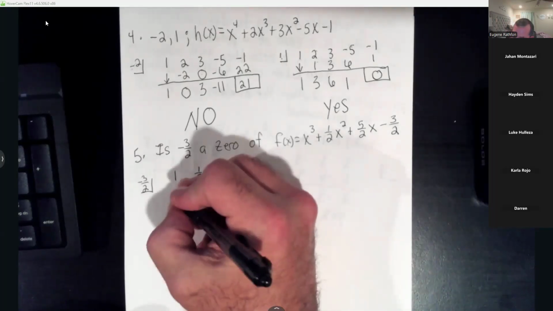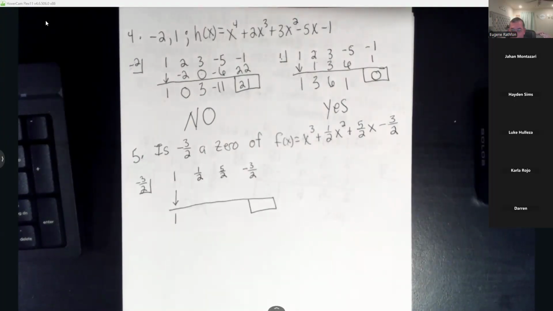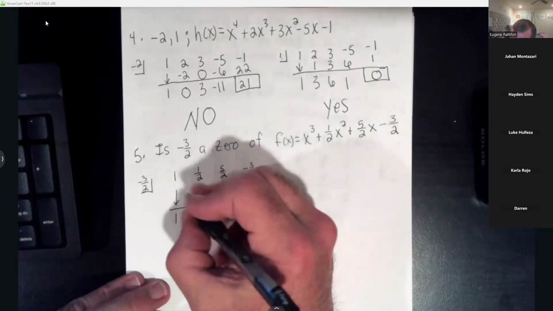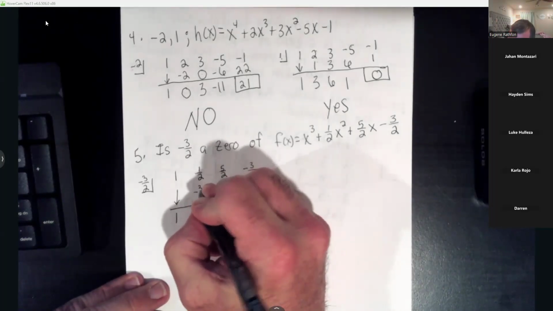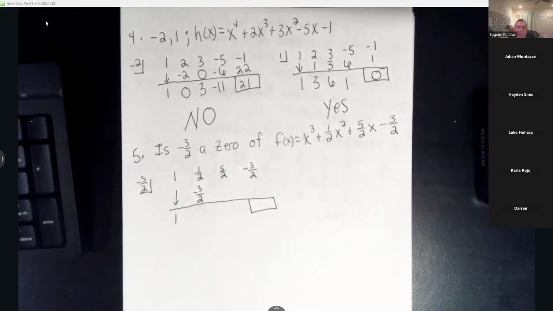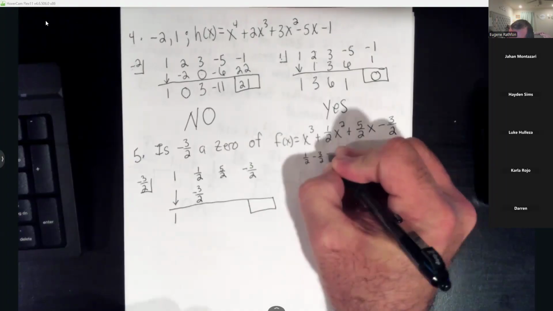All righty, y'all. So the first thing we're going to do, bring down that 1. All right, so this part's not bad because 1 times negative 3/2 is a negative 3/2. So y'all, that's basically 1/2 minus 3/2.